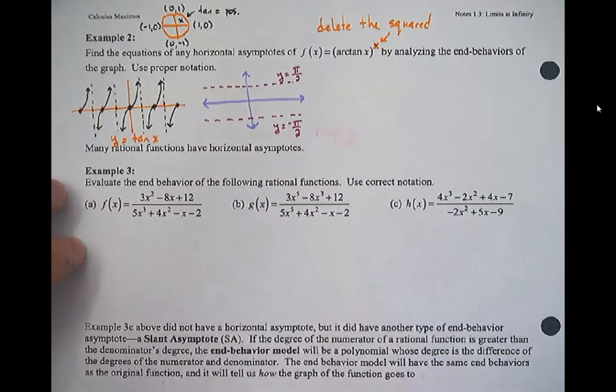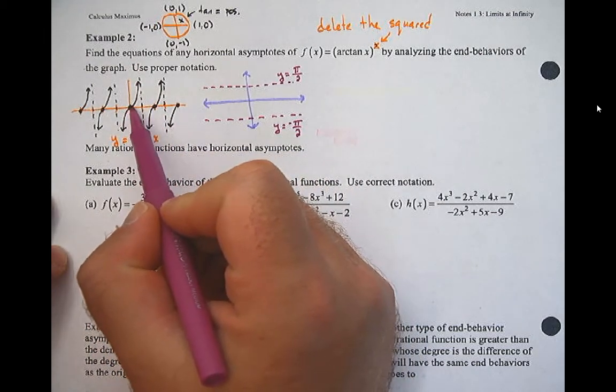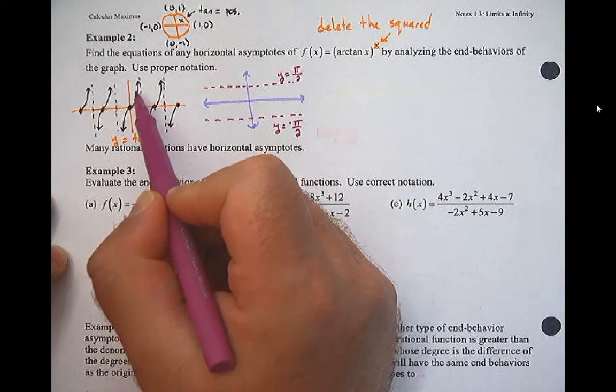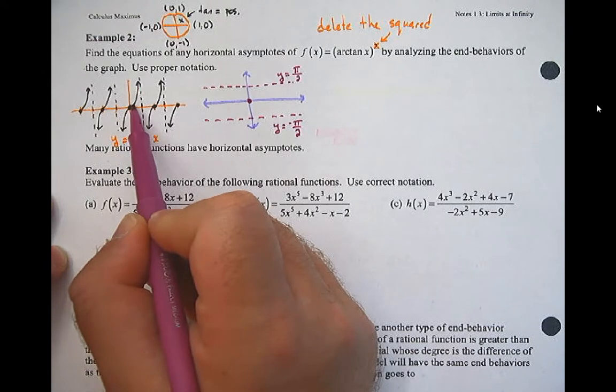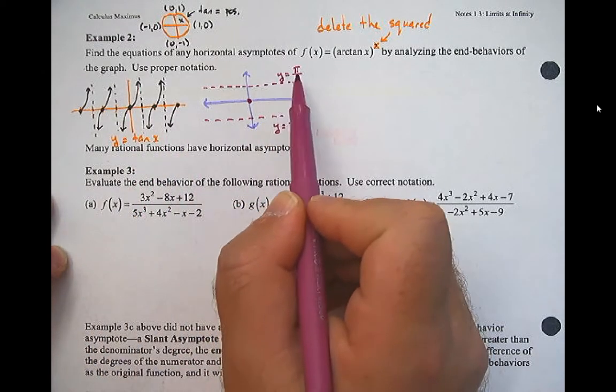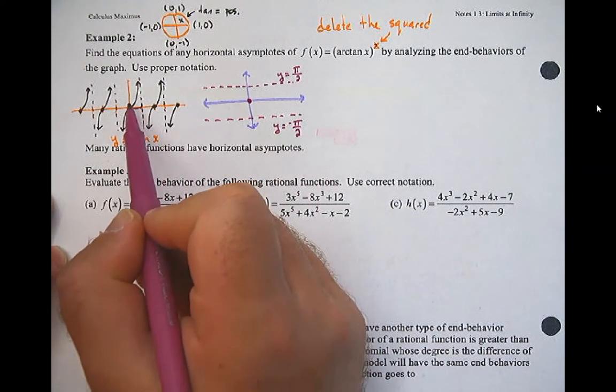And now let's sketch what happens to our function, and we're going to sketch that and then inverse the graph. So as x gets closer to pi over 2, my values are positive in that direction. As x gets closer to pi over 2, what happens to my values?